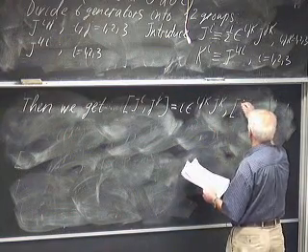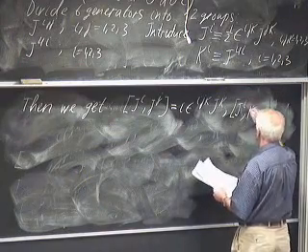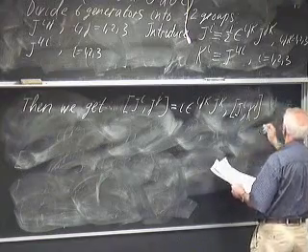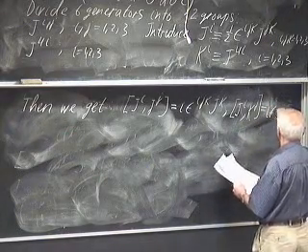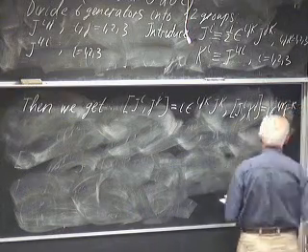Then the commutator of J and K has, by the way, a similar form. Let me write this: [J_i, K_j].